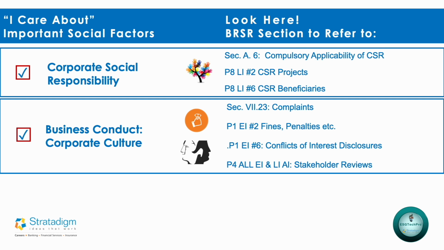You should look for that in the description. And that maps all the issues that you, as a person interested in environment, social, business conduct, and governance issues at a company, would be interested in, and where to find that in a published BRSR report.